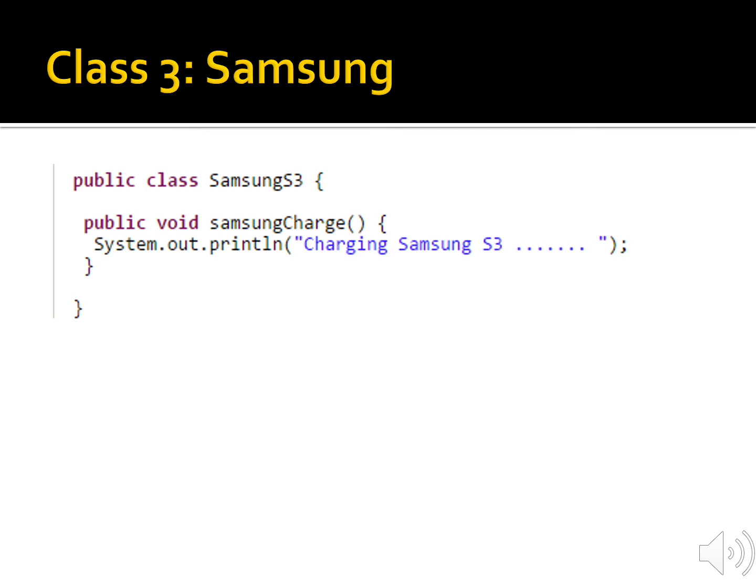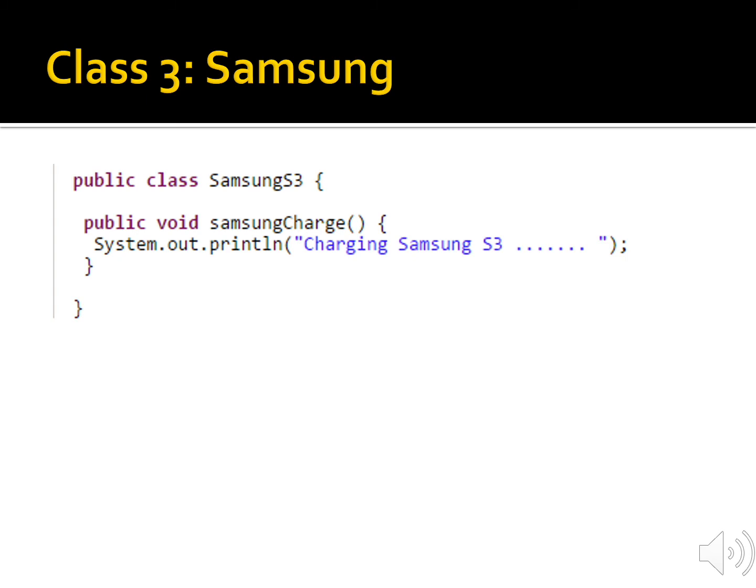The difference between this class and the Nokia classes is that both Nokia classes implement the Chargeable interface, so they can use the charging functionality of the Nokia charger. But this class is not implemented with the Chargeable interface, so you cannot use the same Chargeable charge method to invoke the charging functionality.